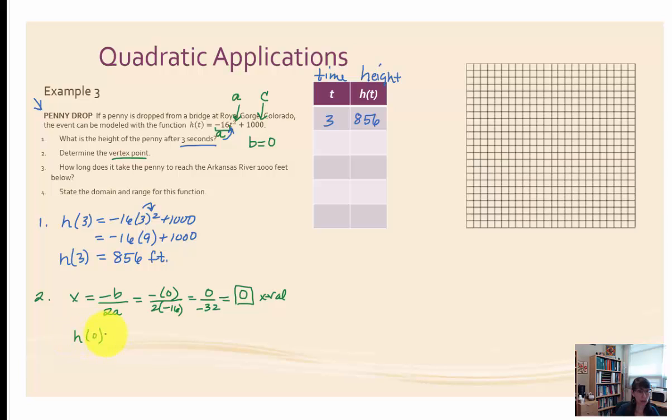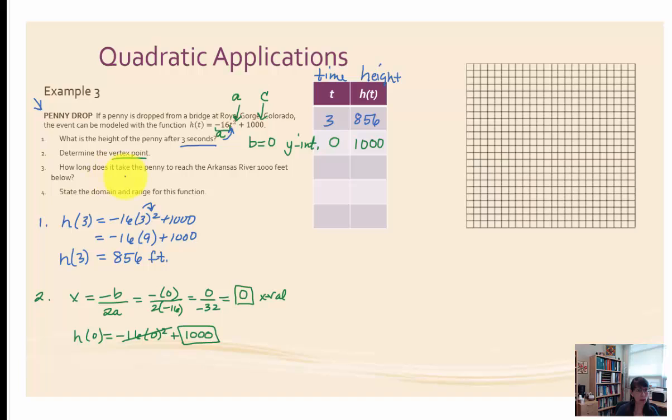Height at time 0 would equal negative 16 times the quantity of 0 squared plus 1,000. 0 squared is 0, times negative 16 is 0. That leaves us 1,000 for the output. So when the time is 0, the output is 1,000. That also happens to be our y-intercept.